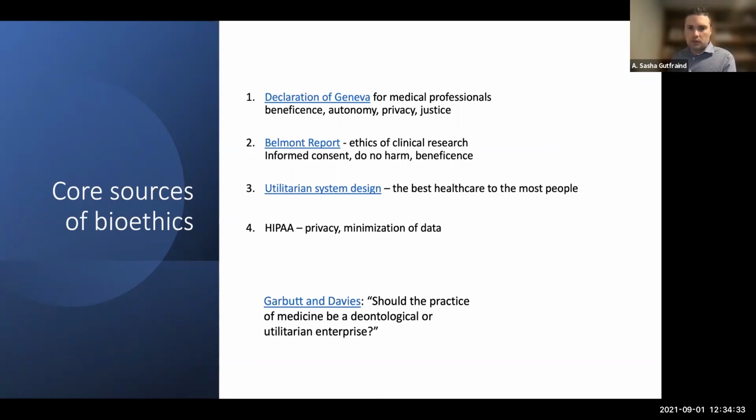algorithm development, on AI. If you speak to a doctor, the way doctors think about medicine is somewhat different. They think of it in a more deontological way, as a kind of duty of a provider, of a doctor or a nurse toward their patient. And that duty sometimes conflicts with the utilitarian system design.